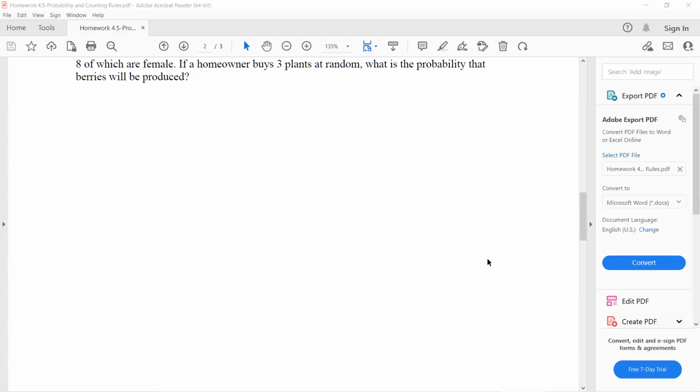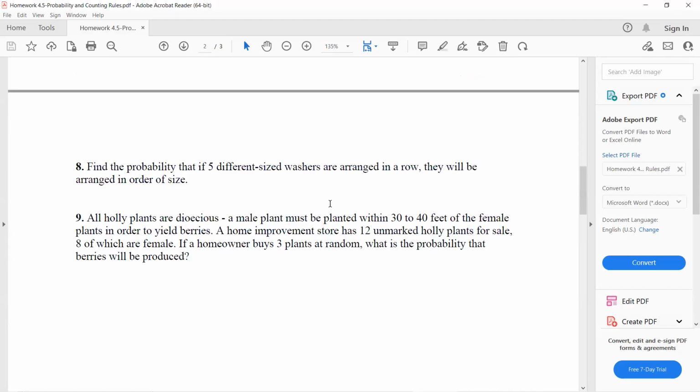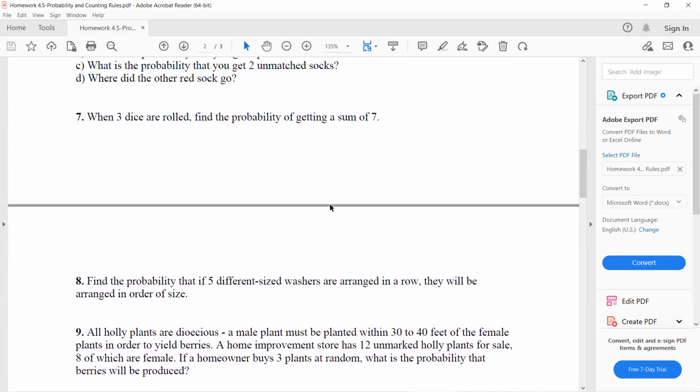All right. How about the next one? Let's look at the next problem here. 7. You think so? Is that where we are? I think it is. Yep. When 3 dice are rolled, find the probability of getting a sum of 7. Now this, you could break your head doing this.